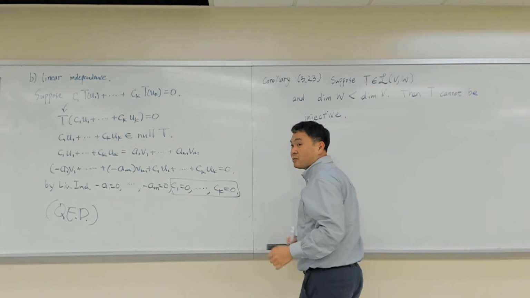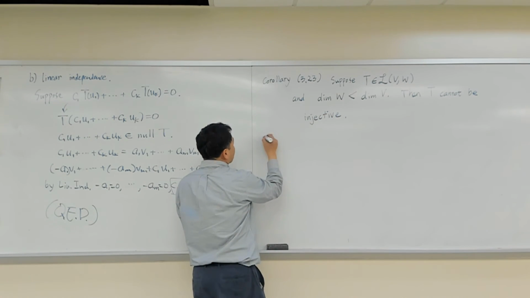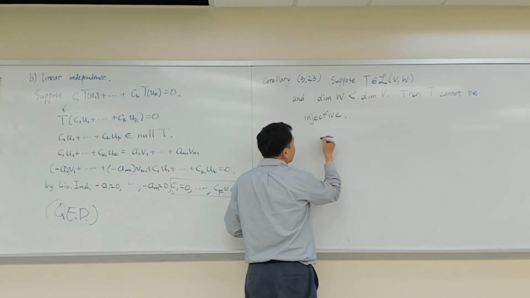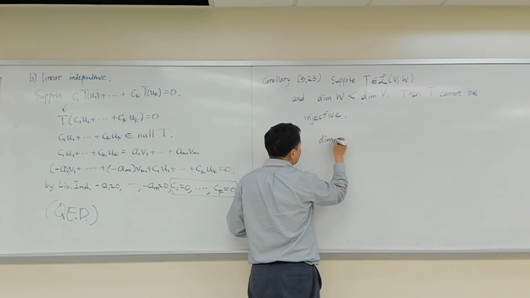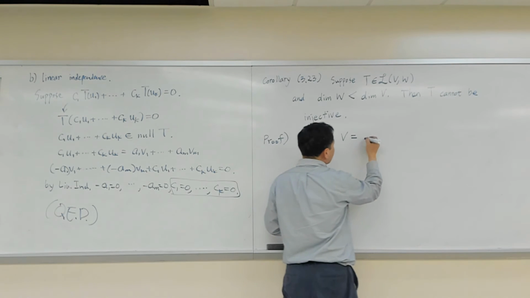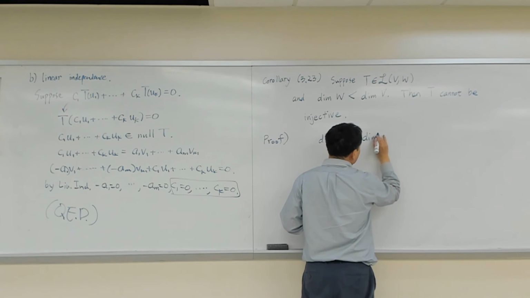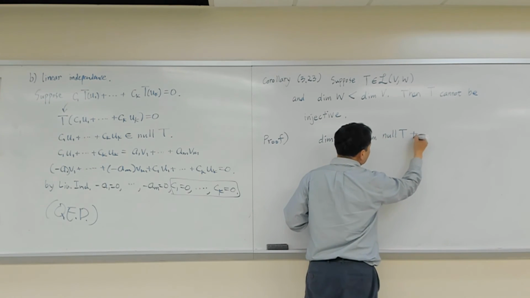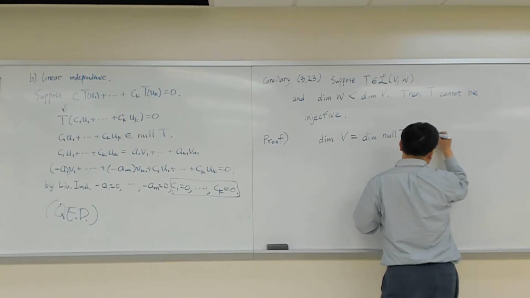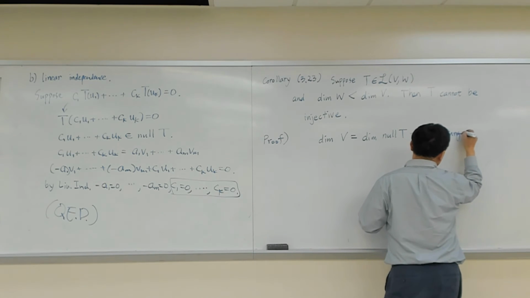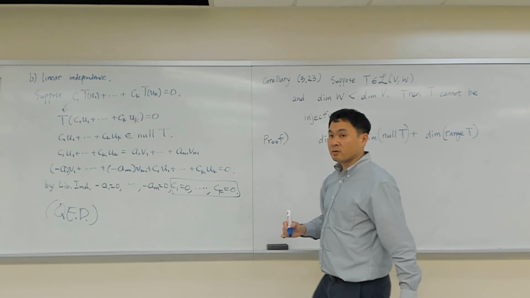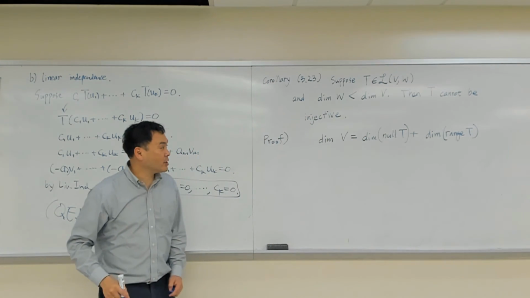Okay. As I said, this is a corollary. So let's first write down the formula that we have, which is that the dimension of V is equal to the dimension of null T plus the dimension of range T. That's the fundamental theorem of linear maps.